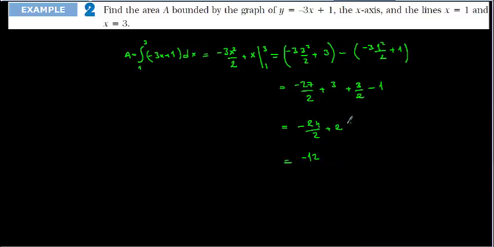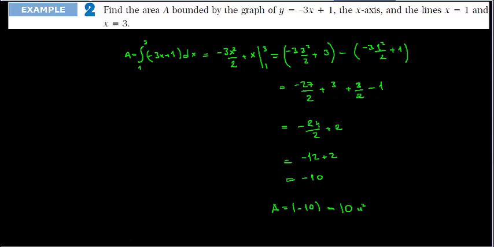Then 3 minus 1 is equal to 2, and minus 12 plus 2 is equal to minus 10. This is the integral value, but the area is going to be equal to minus 10 in absolute value, which is 10 unit squares.